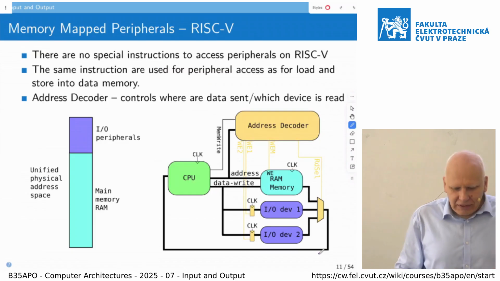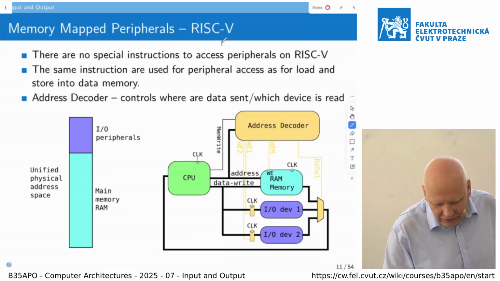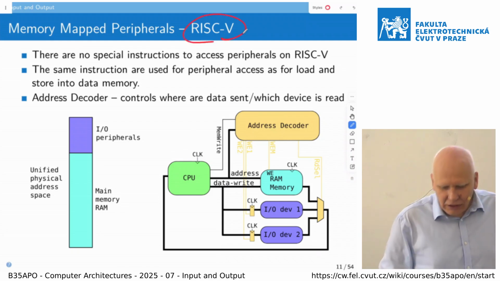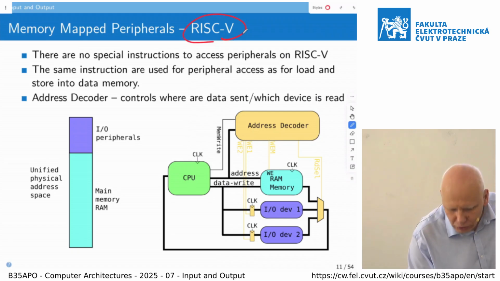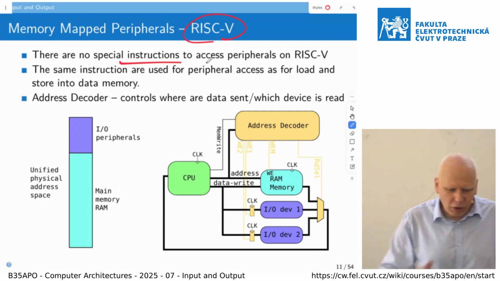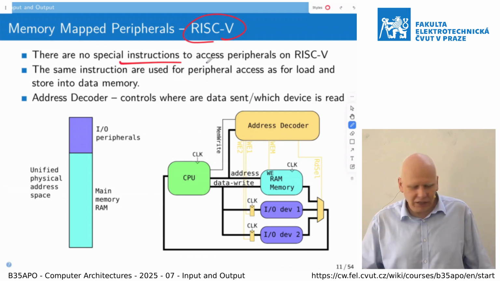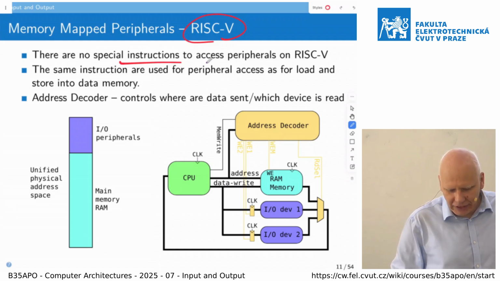Okay, if we start with a very simple peripheral which is connected to our RISC-V processor model, then there are no special instructions to access the peripherals. We use the same load word, store word, or load byte, load half word, and so on instructions as for the memory access.